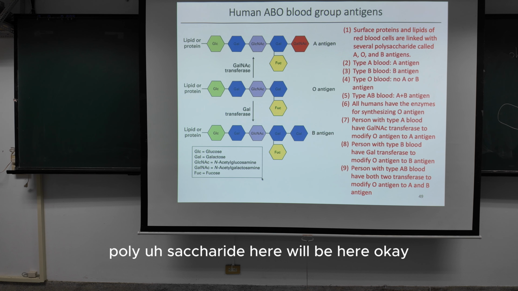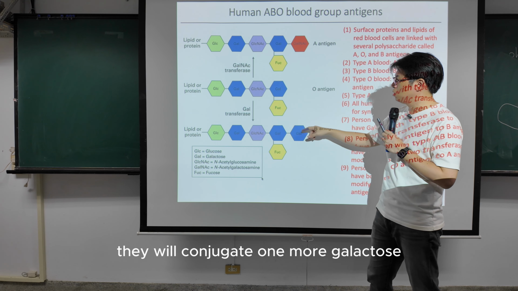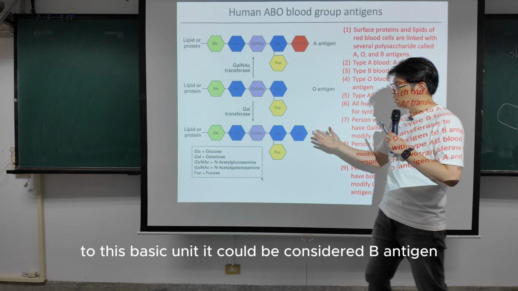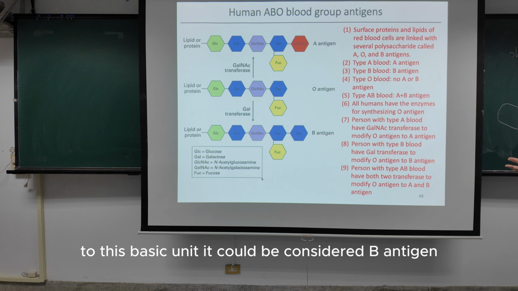If the person has a gene that can express galactose transferase, they will conjugate one more galactose to this basic unit. It is considered a B antigen, so they will be type B blood people. If the person contains both genes, they can conjugate both GalNAc and galactose, and they will be type AB.